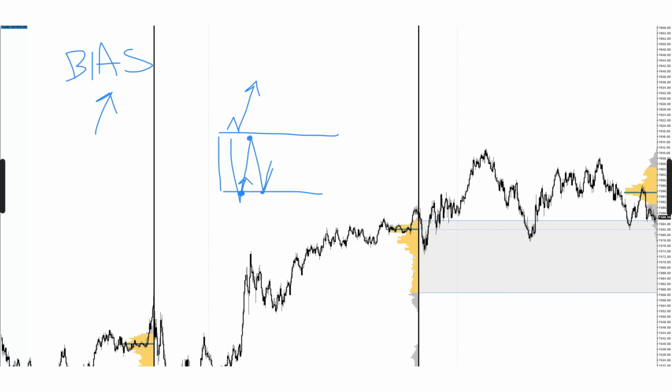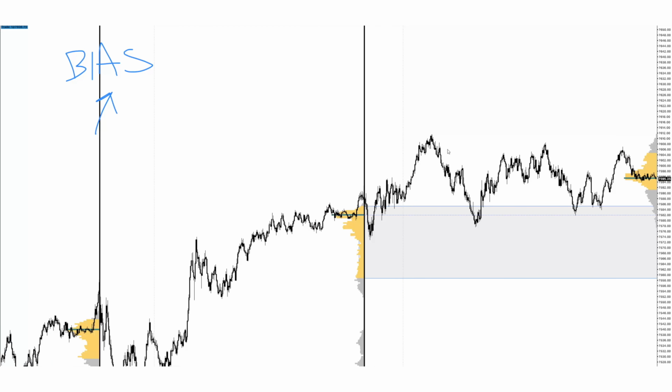Of course, always be aware of the point of control. This can be a point where you can scale your contracts and stuff like that. If the market is going down but your bias is long, you can avoid this trade because this can be just fake outs and stuff like that. So this is a way to filter trades and start to use probabilities to your advantage.